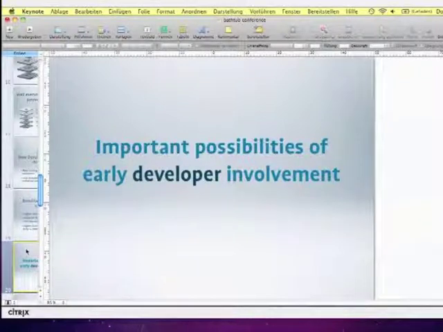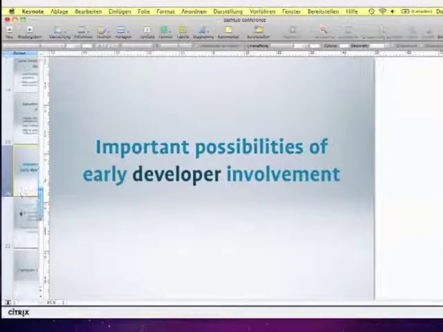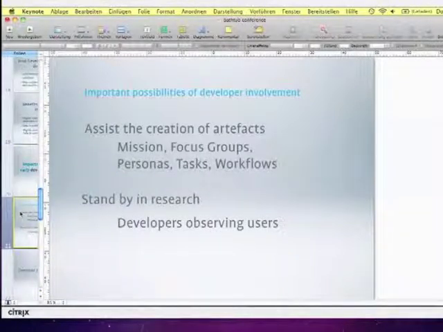Now, what possibilities do developers have to be involved? It has to do with two things. One is assisting the creation of all these artifacts. So when you create the mission, the focus groups, the personas, the tasks, the workflows, have the developers take part in the ideation. That's the phase after you do the research, where you come with your research data and you think about how can we interpret this data.